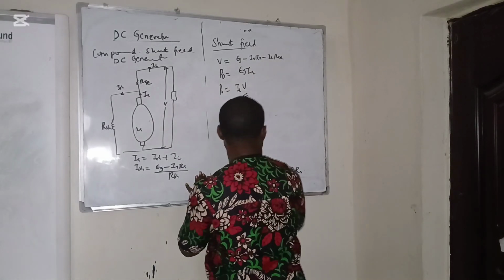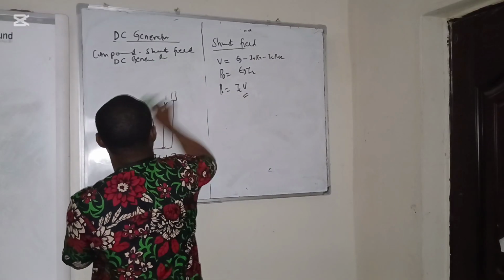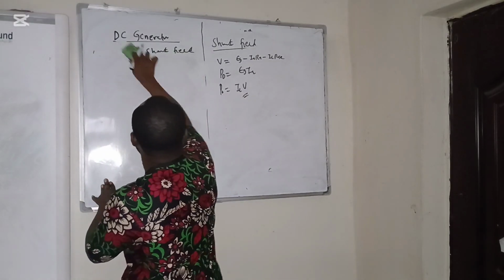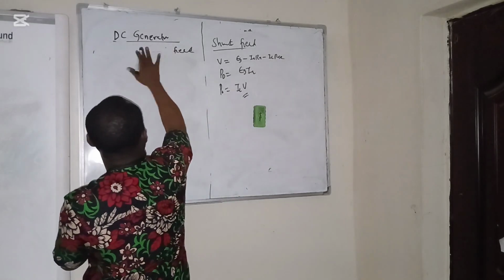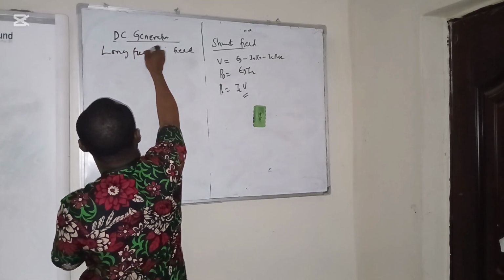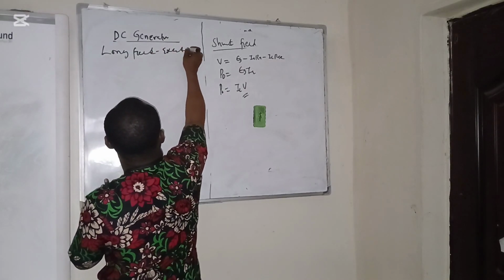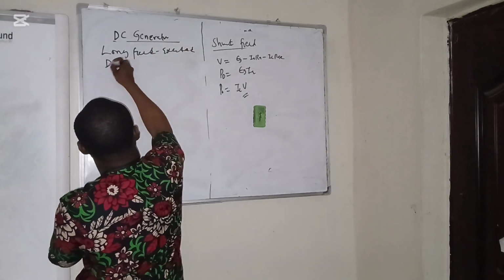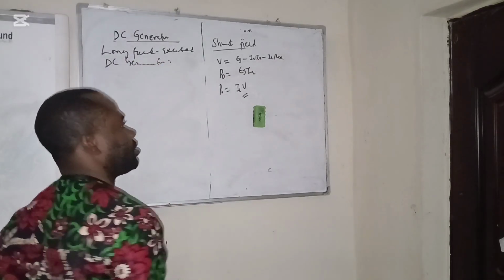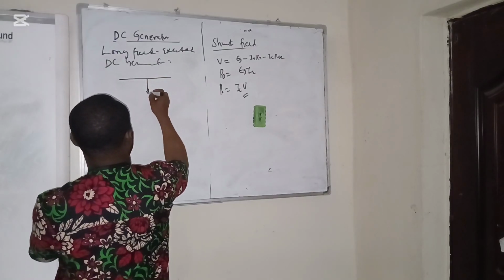So finally we have the long field. The long field setup is like this. Long field excited DC generator. We have this setup. This is the field.